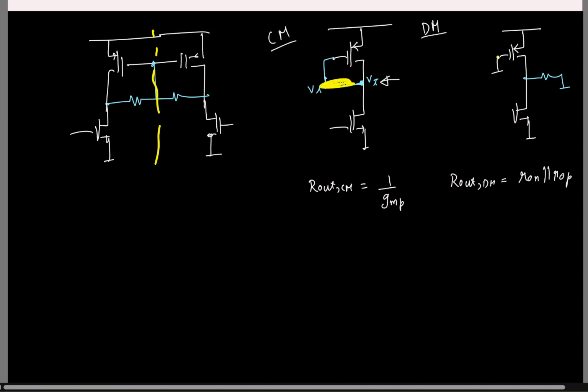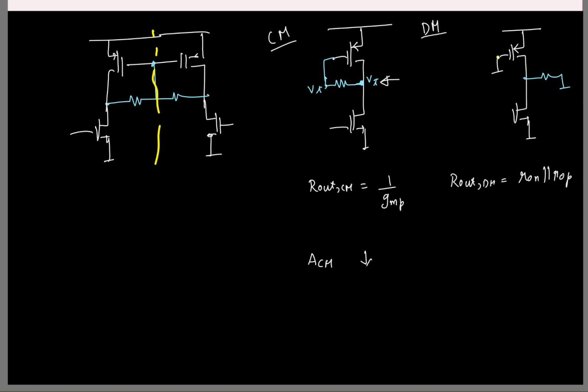Then both my common mode and differential mode output resistance will be same. Right? The moment I added the common mode feedback, it is reducing my output resistance for the common mode signals. If the output resistance decreases for common mode, what can you say about the common mode gain? That will also reduce. That is why you see that the common mode feedback is also making sure the common mode gain is small.